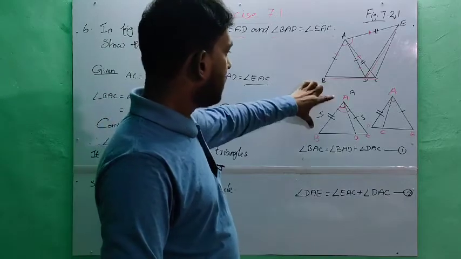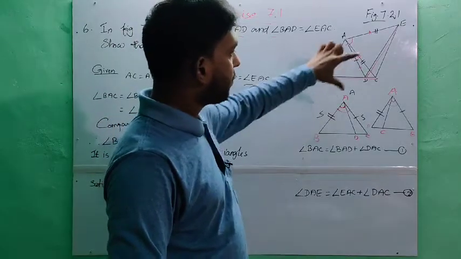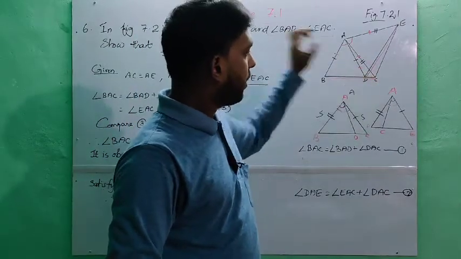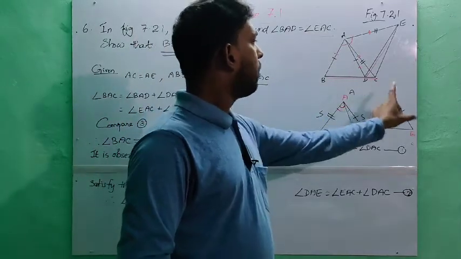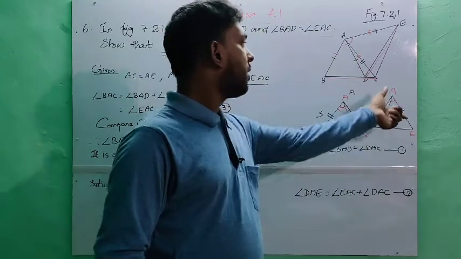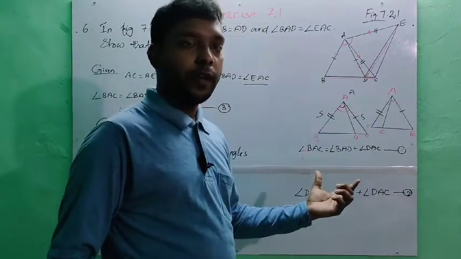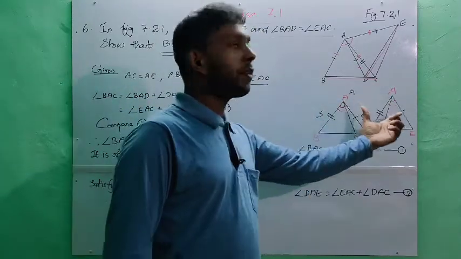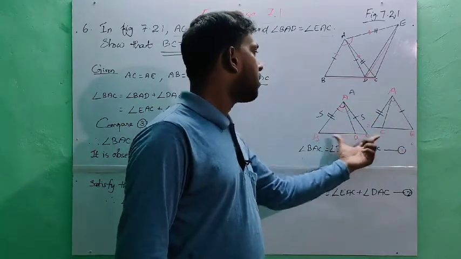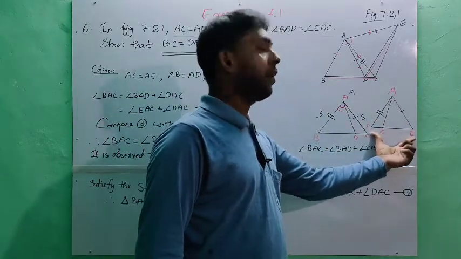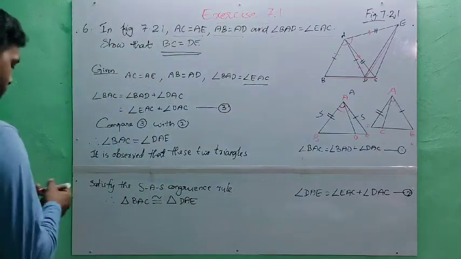If the side AB is equal to AD, if the side AC is equal to its corresponding side AE, then obviously, since these are congruent triangles, BC should also be equal to DE.